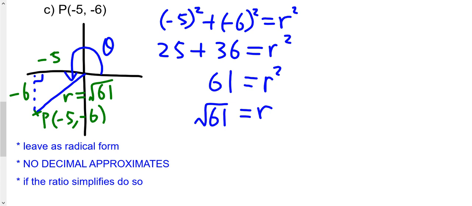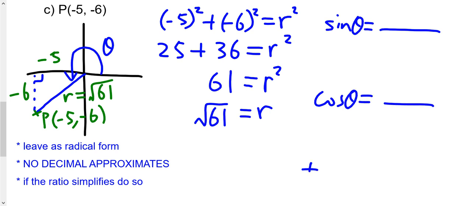So now same thing, let's do sin, cos, and tan. For sin, it is opposite over hypotenuse.